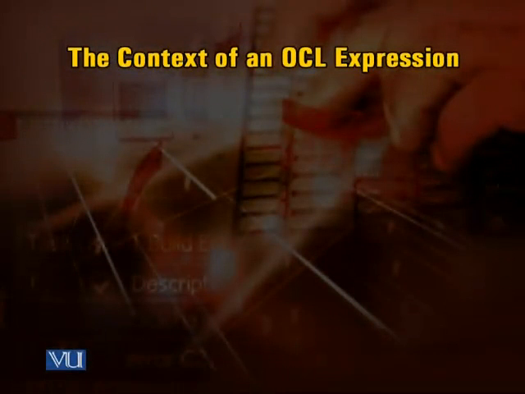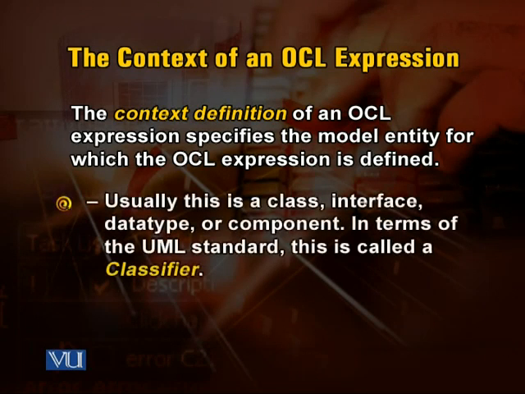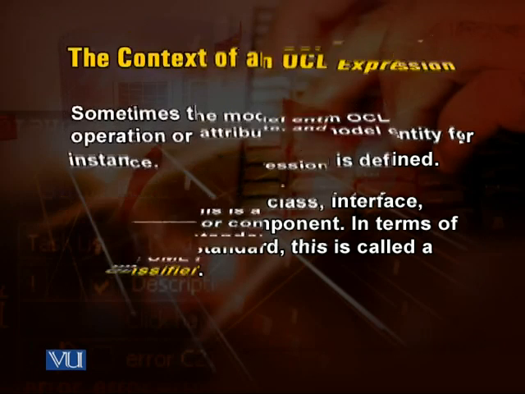There is another very important concept in OCL, and that is called a context. The context definition of an OCL expression specifies the model entity for which the OCL expression is defined. Usually this is a class, interface, data type, or component. In terms of the UML standard, this is called classifier.